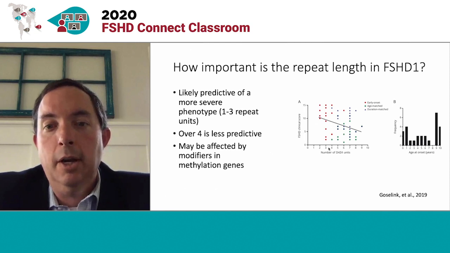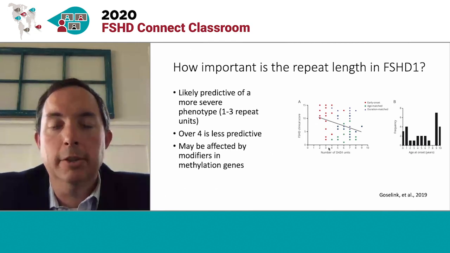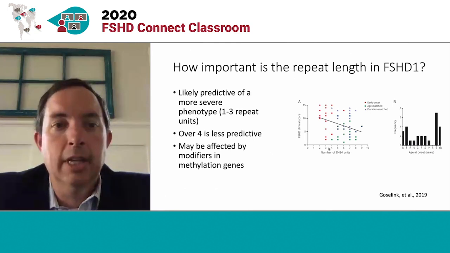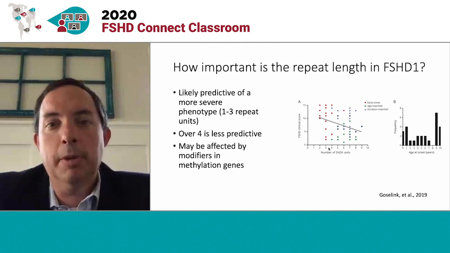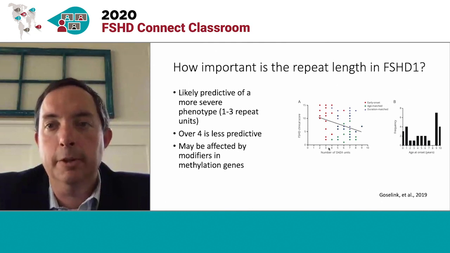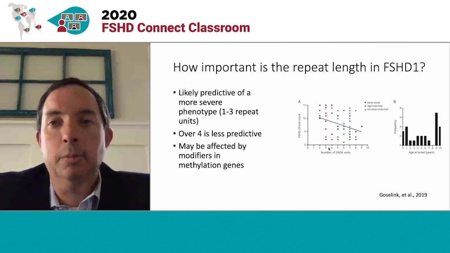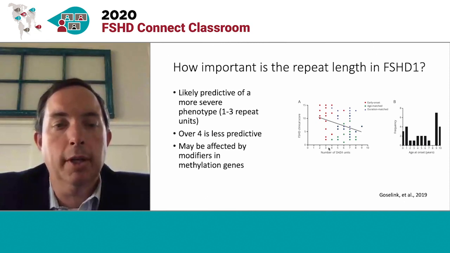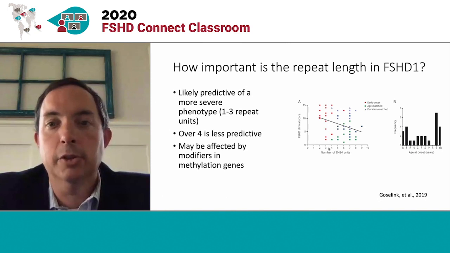And so what that means, and we'll come back to this when we talk about some of the other complications, is that typically people with repeat lengths between 1 and 3 are more likely to have a more severe phenotype. And what does that mean? That means they're more likely to lose ambulation, they are more likely to have an earlier age of onset, and they're more likely to have some of the other complications associated with the disease.